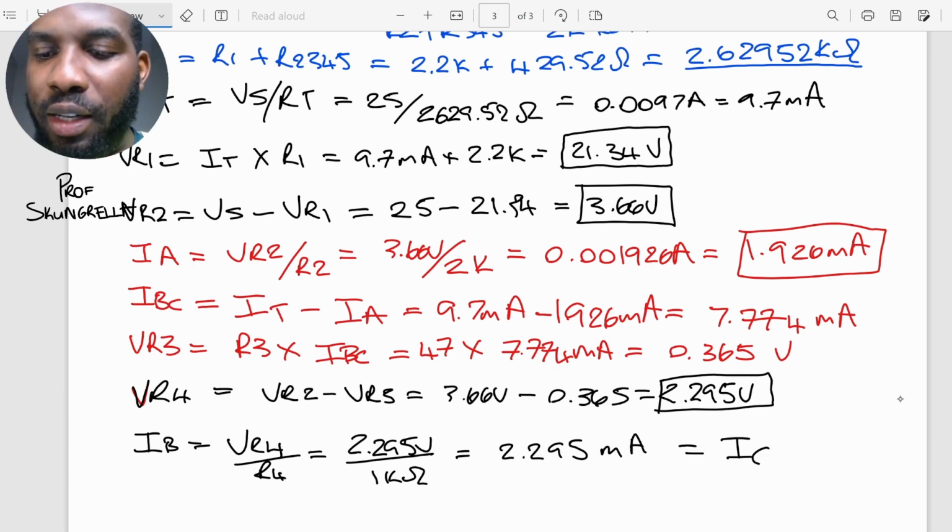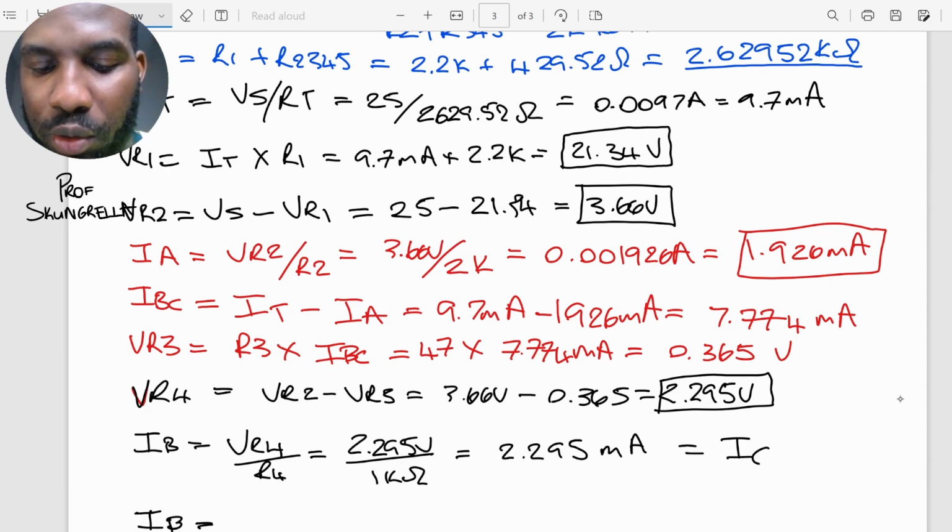Another way to find the current, if you know the total current and the resistances, is by using the current divider equation, where you can say that IB is equal to the opposite resistance. It's going to be not R4 but R5 over R4 plus R5, times the current coming in, which is going to be IBC.